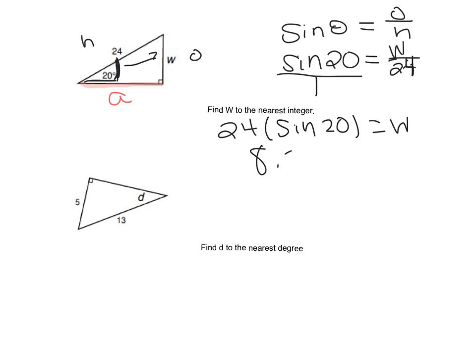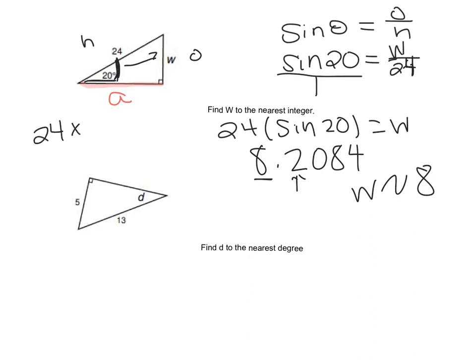8.2084. I said round to the nearest integer, so I look at the 2, and that tells me that my W is about 8. If your calculator doesn't say the word sine when you punch it in, you're going to have to do 24 times, and then hit 20 and then sine.